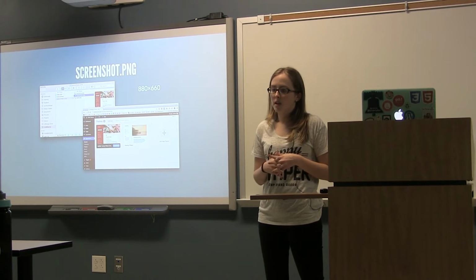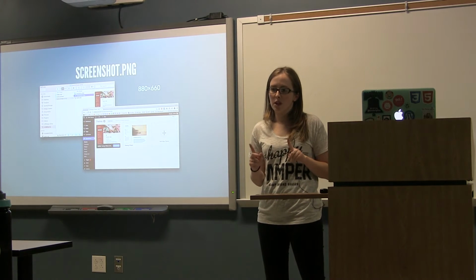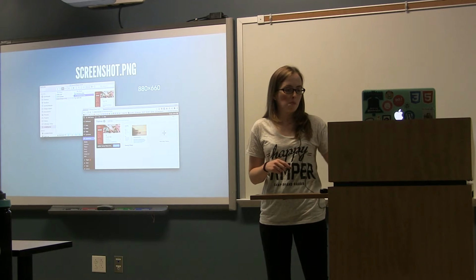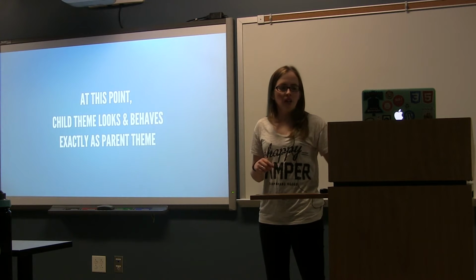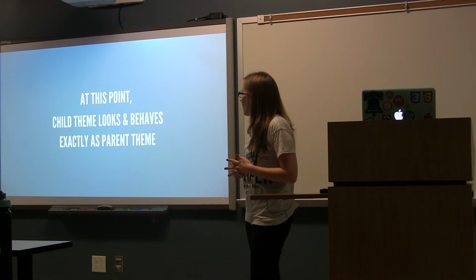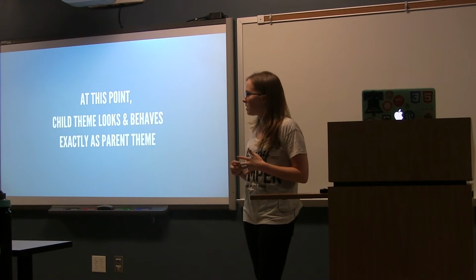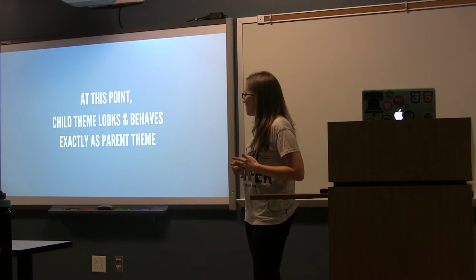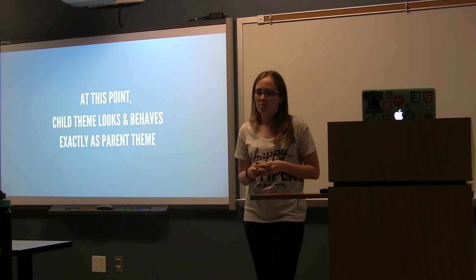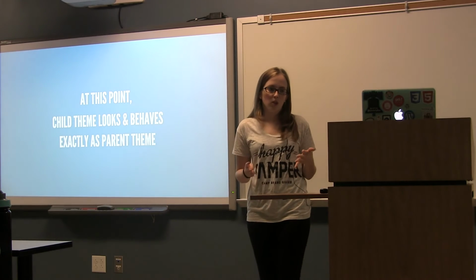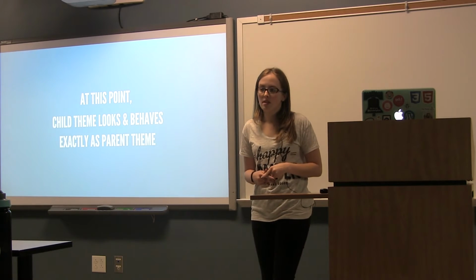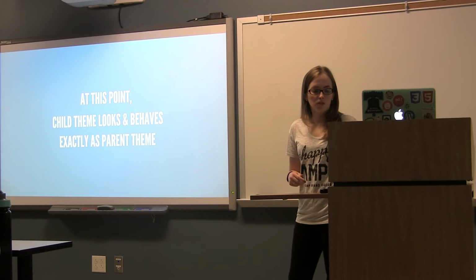And WordPress picks that up and shows it to us in the theme selection page. So at this point, we have our child theme activated, but it looks and behaves exactly as the parent theme. And that's not really the point of the child theme. We want to be able to override some of the styles.